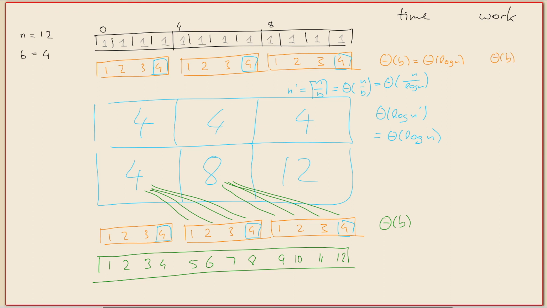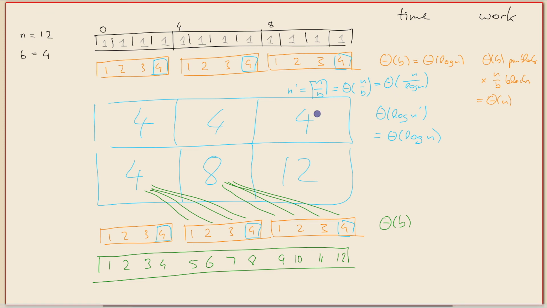In terms of the work, sorry, that's per block. And we have n over b blocks. So that's linear work overall for the orange part, the local sums.